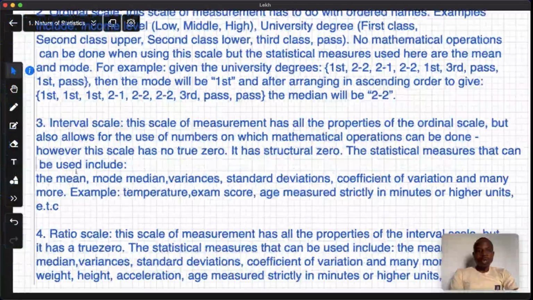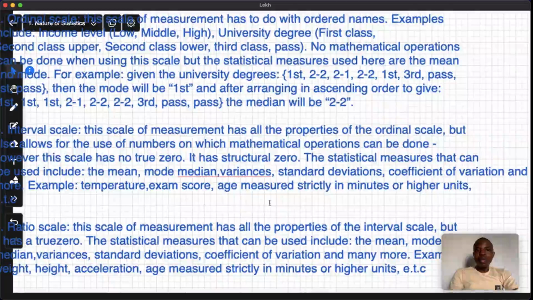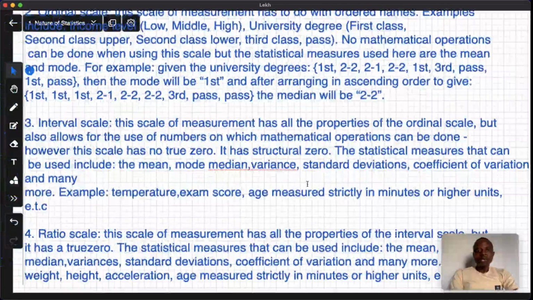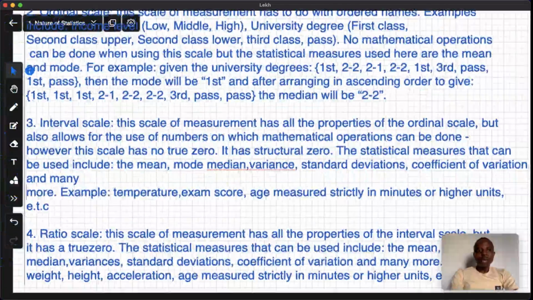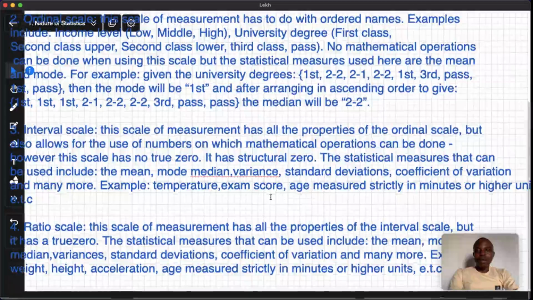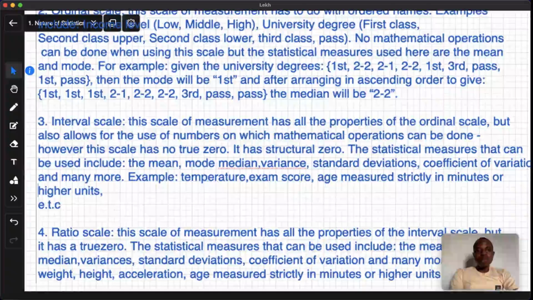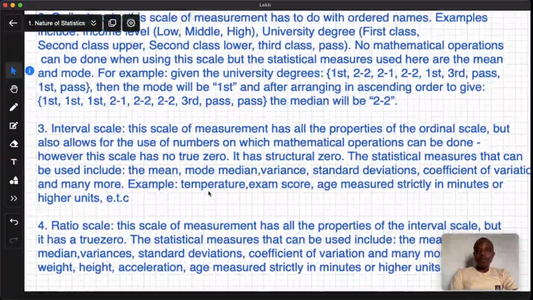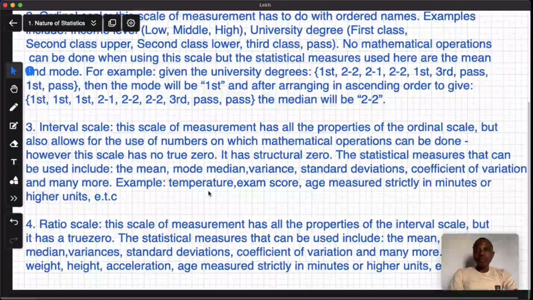All right. Now, we can obtain the mean, variance, and standard deviation when we're using this scale. So the statistical measures we can obtain include the mean, median, the variance, coefficient of variation, and many other statistical measures.